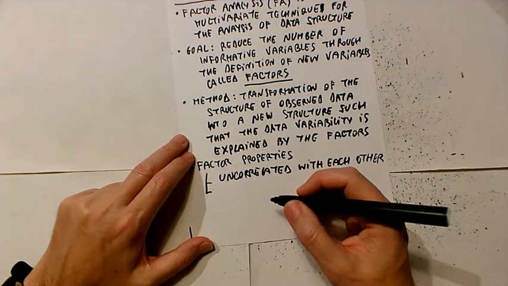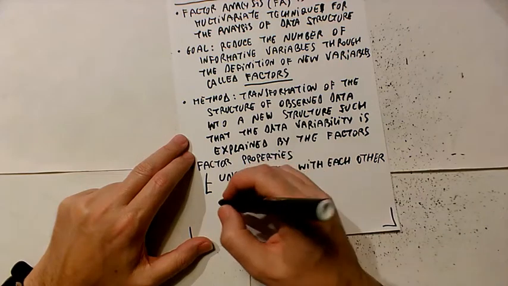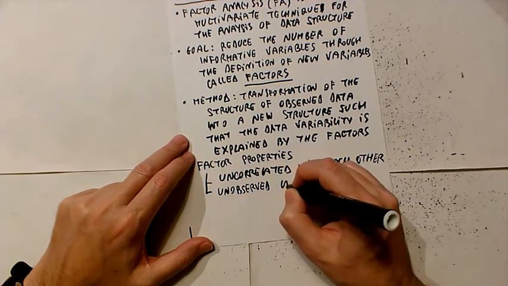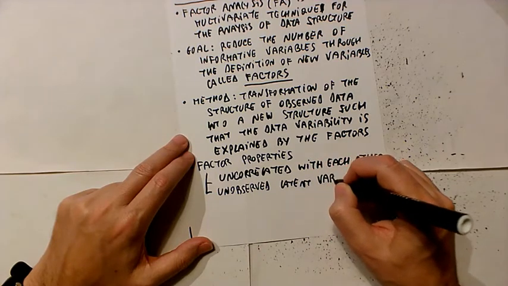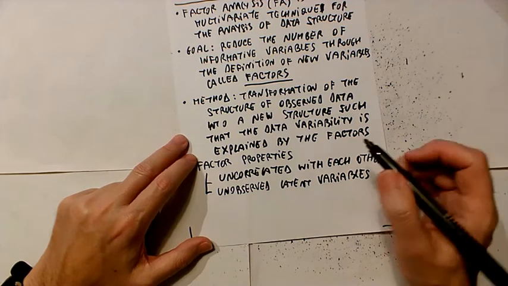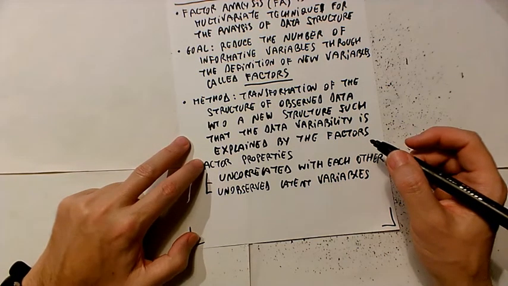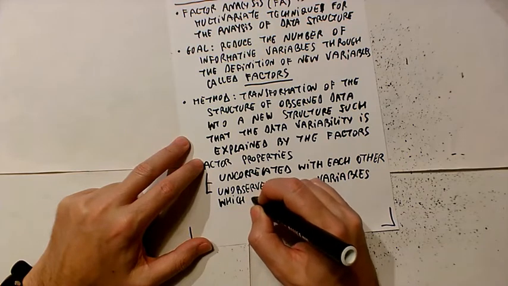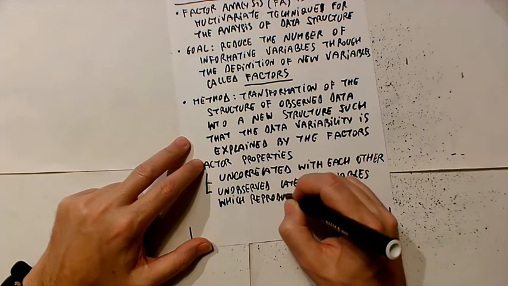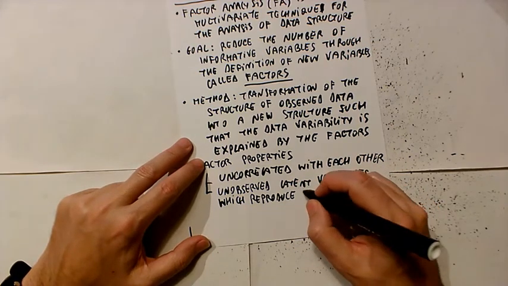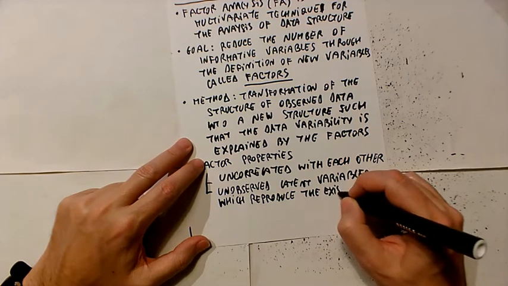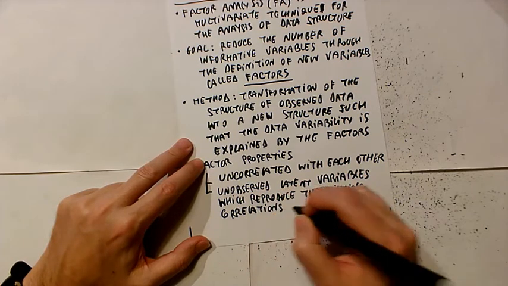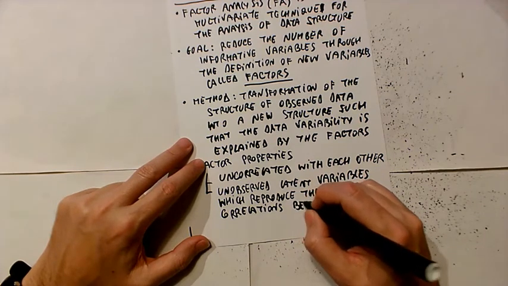Second property of the factors is that they represent unobserved latent variables, which reproduce the existing correlations between original variables.